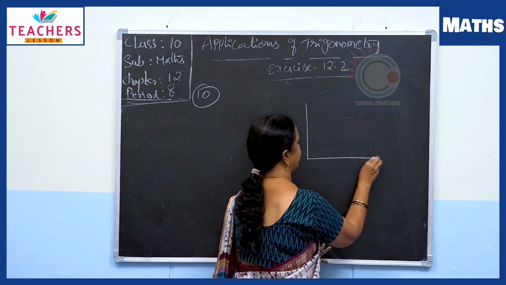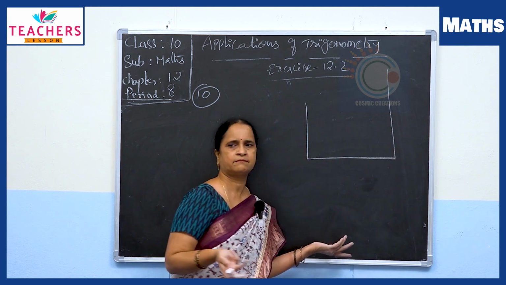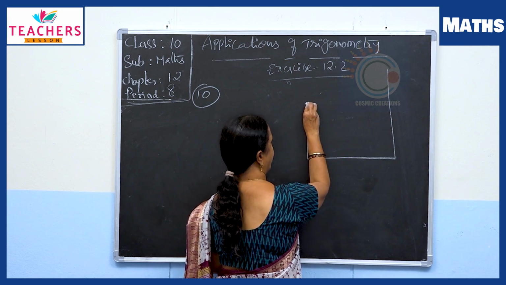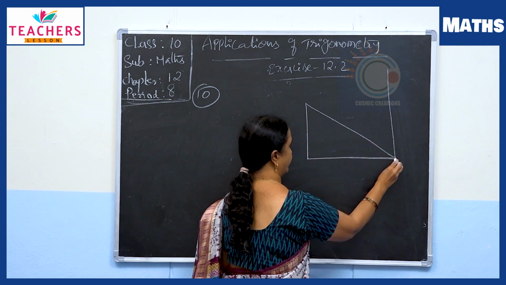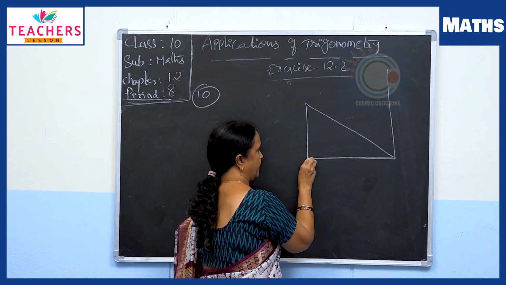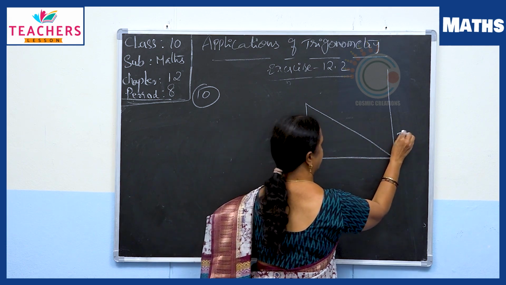Okay, this is building. This is tower. Tower should be taller than the building, as we know. Next, angle of elevation of the top of a tower from the foot of the building is 30. Let it be building, and this is tower.